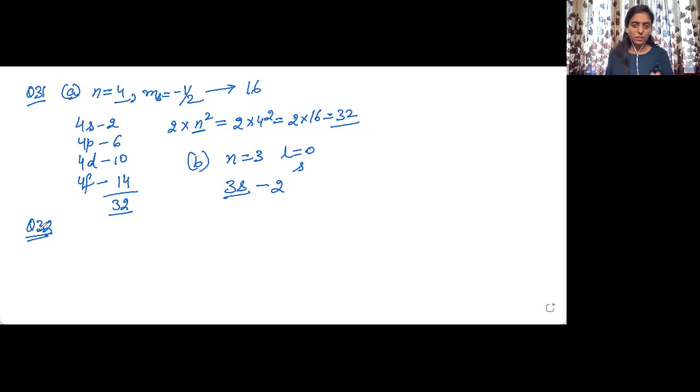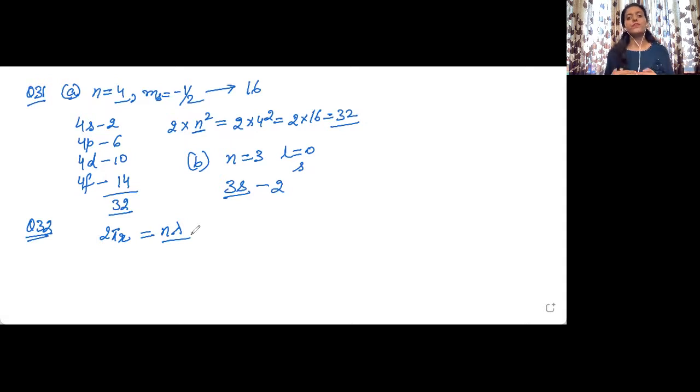Circumference is given as 2 pi r, since the orbit given by Bohr was a circular path. We need to show that the circumference of the Bohr orbit is equal to an integral multiple of the wavelength of the wave associated with the electron, that is n lambda.